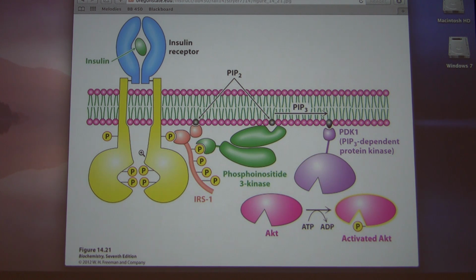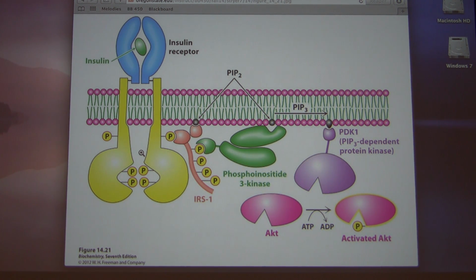Prior to insulin binding, GLUT is floating around down in here. After the insulin binding, this whole pathway kicks in and GLUT gets moved to the membrane of the cell. What's happening is we've now told this cell, bring in glucose. The glucose transporter in the membrane starts seeing all this glucose out there and starts bringing it in. And what happens to the blood glucose levels? They fall.